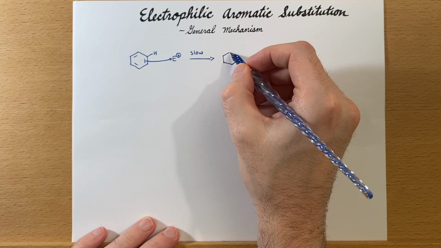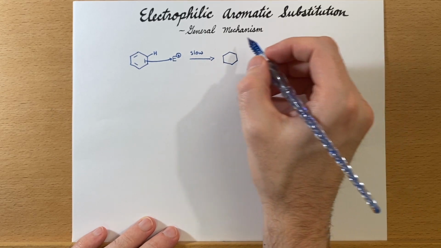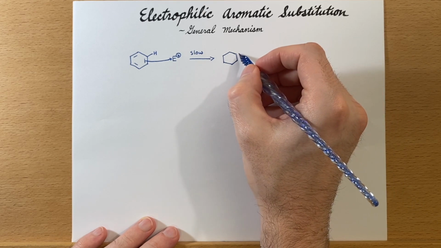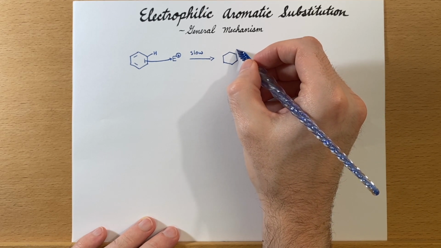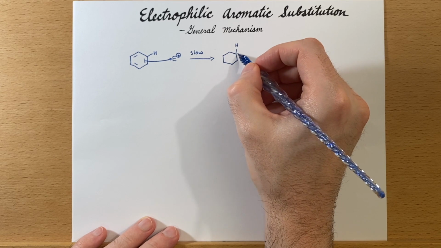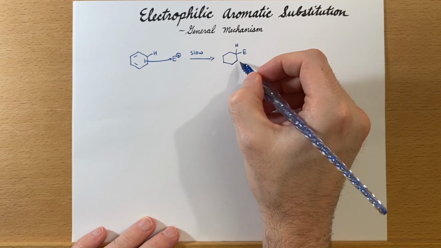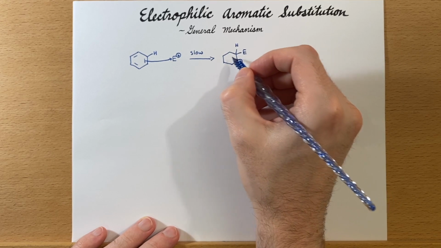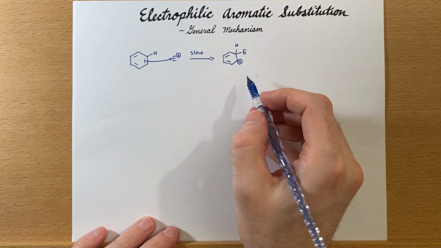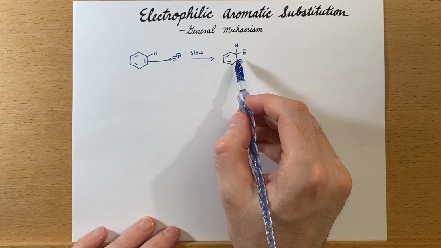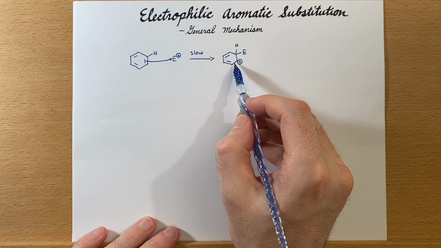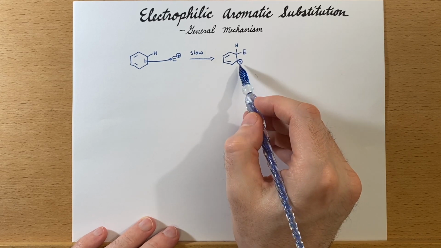In this case, since we have a symmetrical benzene ring, it doesn't really matter which way we draw it. So now we have broken the aromaticity and we've generated a carbocation right here.